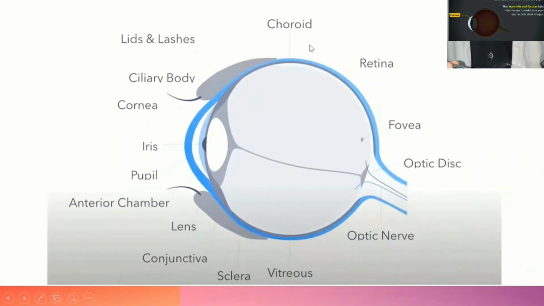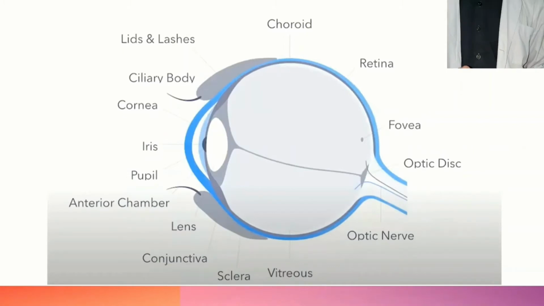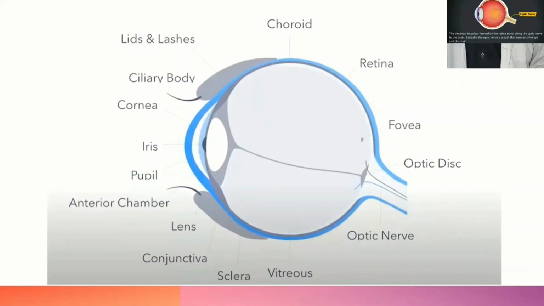What have I missed out? I've missed out choroid. The choroid is a continuation of the iris. So the iris at the front gives you your eye color. So when you talk about someone's eye color, you're talking about the color of their iris, right? The iris is a pigmented vascular structure, and it continues posteriorly as a pigmented vascular structure called the choroid. The choroid sits beneath the retina.